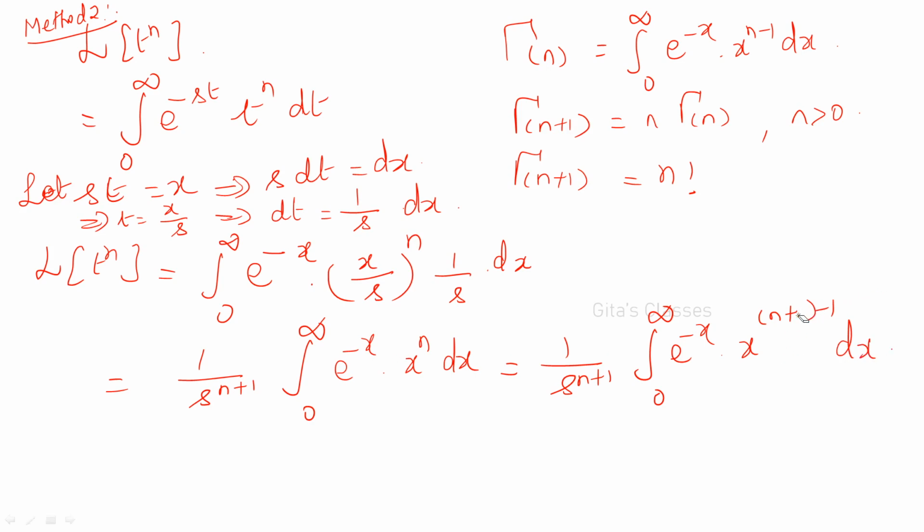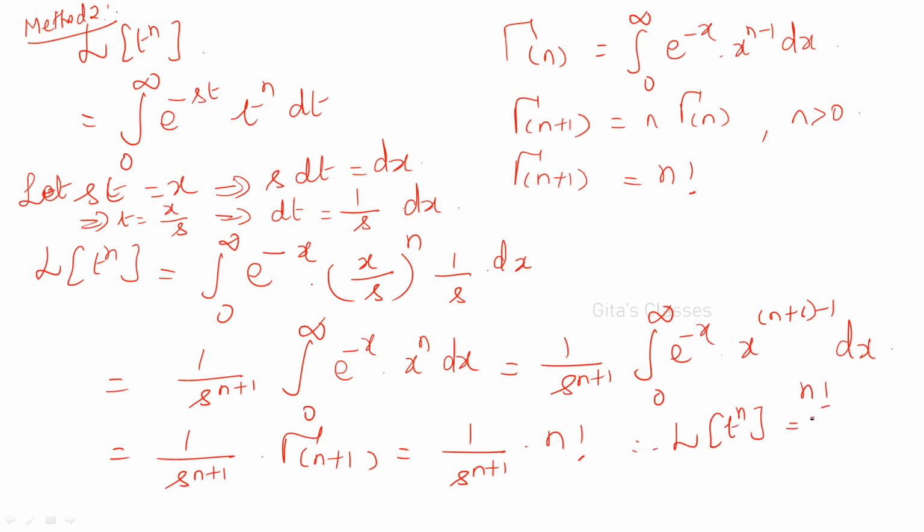This is 1 by s power n plus 1 into gamma of n plus 1. By properties of the gamma function, gamma of n plus 1 is n factorial. Therefore, L of t power n is equal to n factorial divided by s power n plus 1.